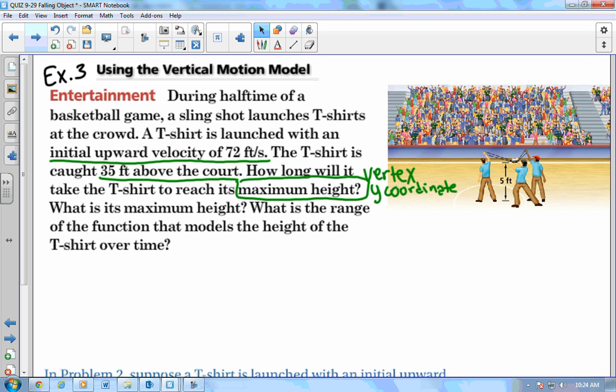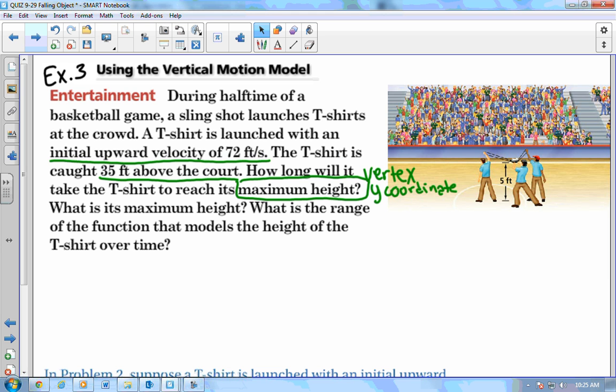Talk about with your neighbor. How do you think you solve this? Here's a hint.